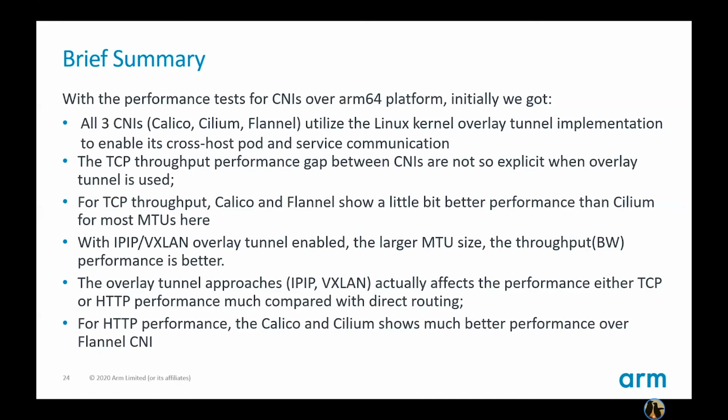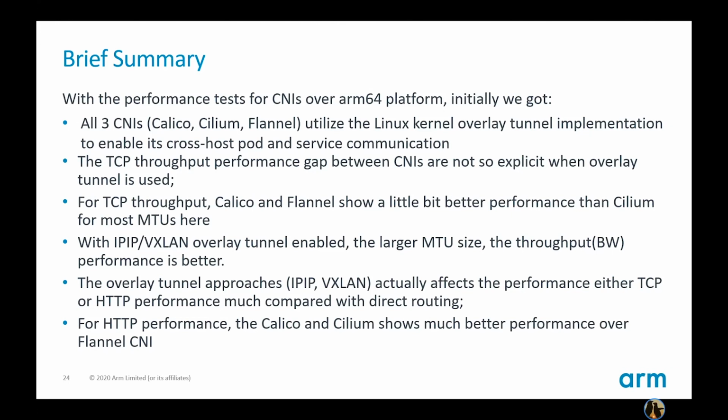So here is our brief summary. For the benchmarking cases, we think all three CNIs utilize the Linux kernel overlay tunnel implementation to enable cross-host and service communication. And the TCP throughput performance gap between CNIs is not so explicit when an overlay tunnel is used. For TCP throughput, Calico and Flannel show a little bit better performance than Cilium for most MTUs.